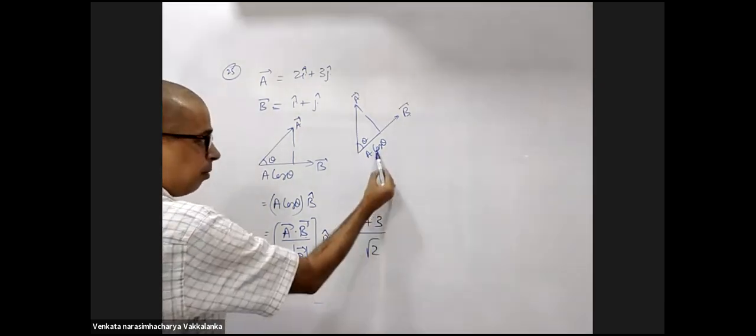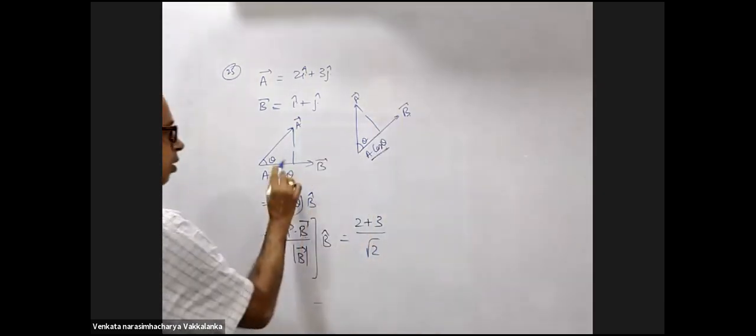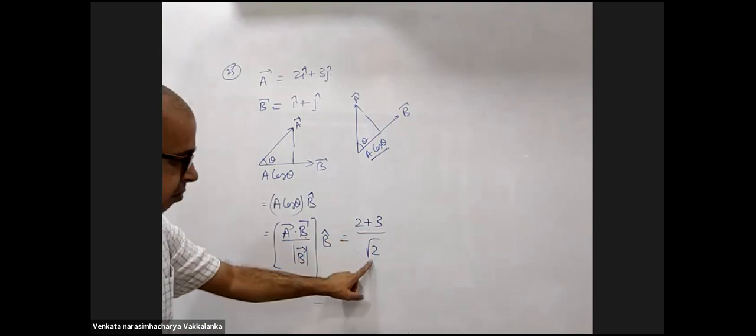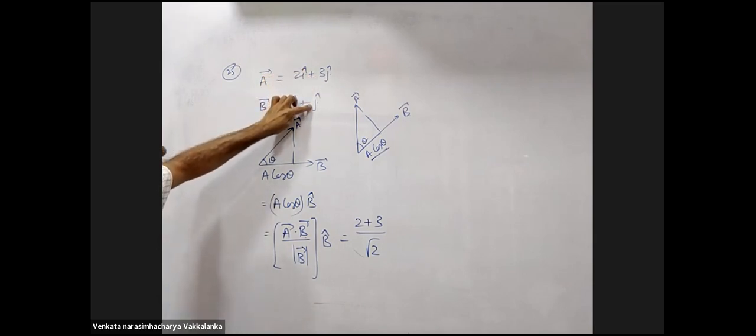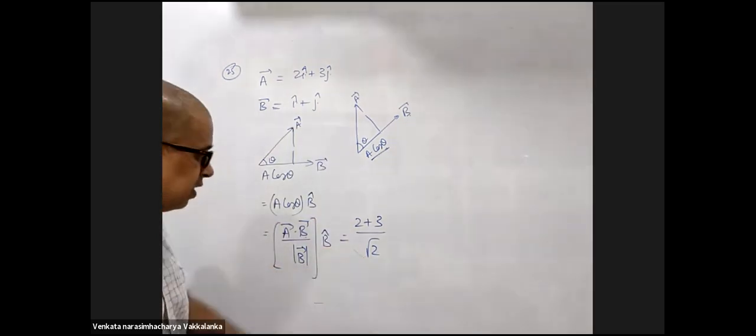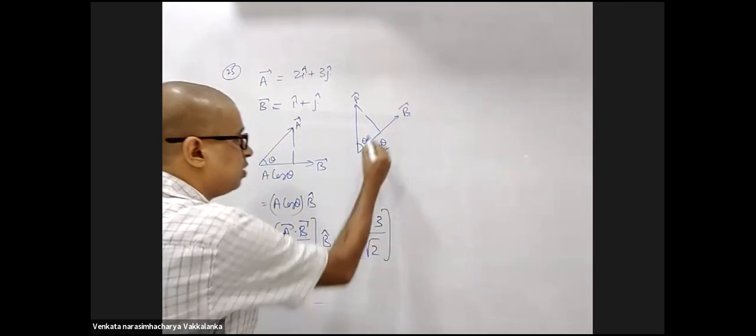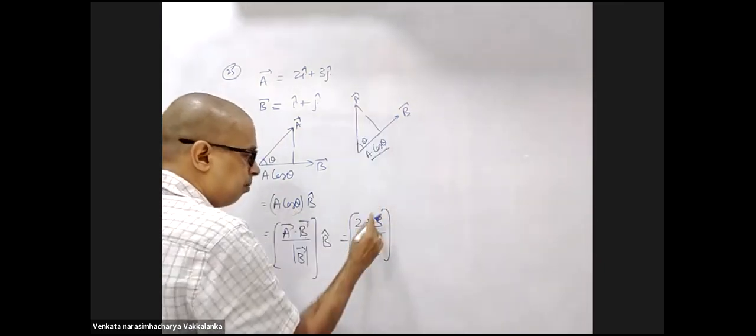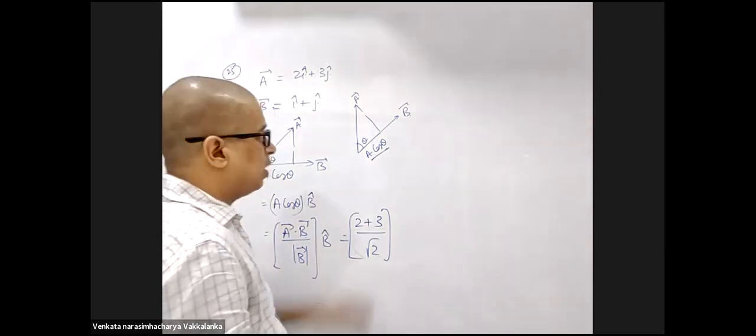This is the component of A along B: 5 by root 2. 5 is A dot B, 2 into 1 plus 3 into 1. 5 divided by the magnitude of B, root over 1 square plus 1 square. This is A cos theta. Component of A along B is 5 by root 2.